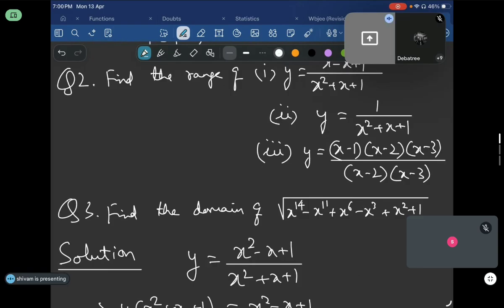Ratim, part 3 is correct. Abhipsha, part 3 is correct.